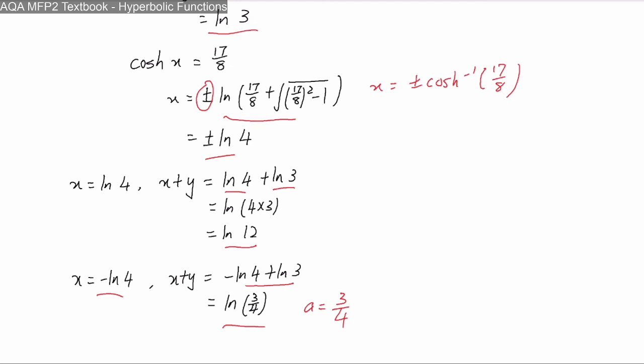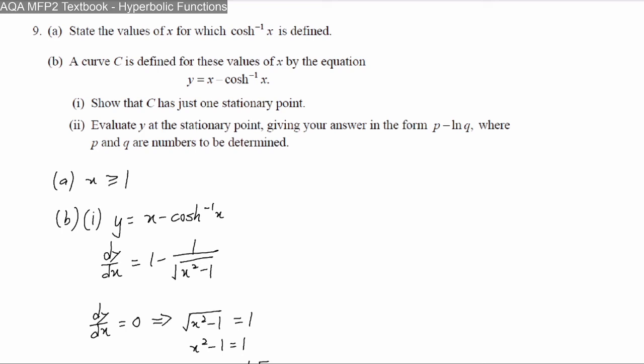Alright, so let's look at the next one. A, state the values of x for which arc cos x is defined. For this one, arc cos x is defined when x is greater or equals to 1. Remember we have the properties for cos x.